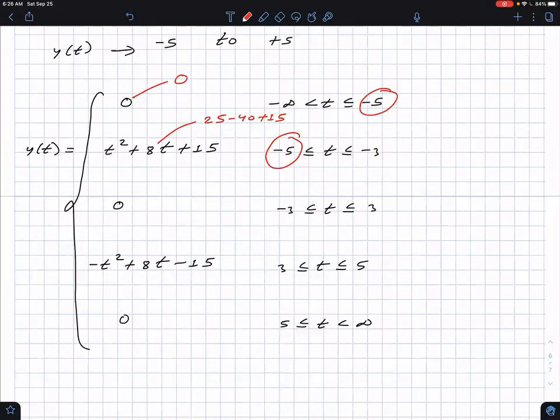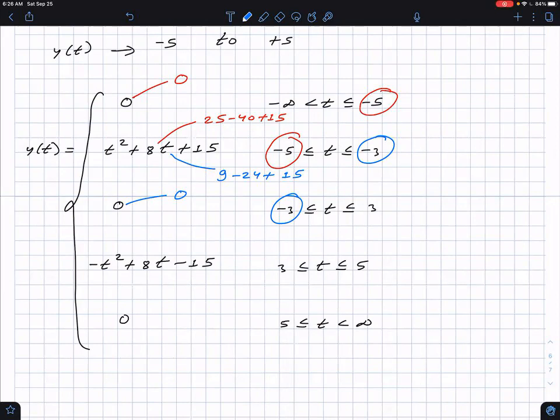The next boundary value we're going to consider is for t equals -3. If we evaluate the third row at t equals -3, we get a 0. If we evaluate this at t equals -3, we're going to get 9 minus 24 plus 15, which is again a 0.